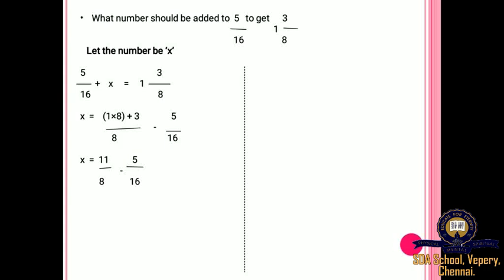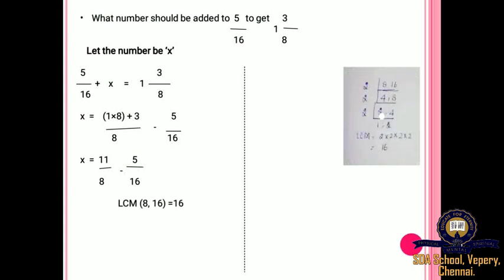So first we need to convert them into like fractions. For that we will take the LCM of 8 and 16. So the LCM of 8 and 16 is equal to 16. So now we need to multiply the numerator and denominator by LCM divided by the denominator.